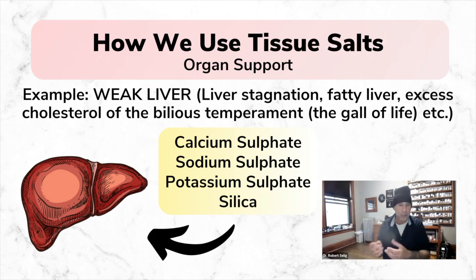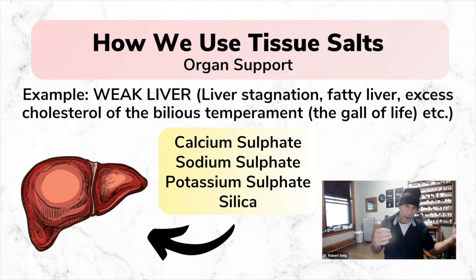Which of the tissue salts will I employ to give some liver support? It definitely will be one of the sulfates. Could even be silica as a liver support remedy. So there are four possible remedies for the liver, but my favorite is the sodium sulfate. Anytime we use the sodium families, the NatMur, the NatPhos, the NatSulf, sodium sulfate, sodium phosphate, sodium chloride, the sodiums govern the water element.